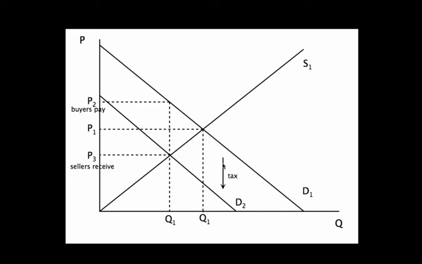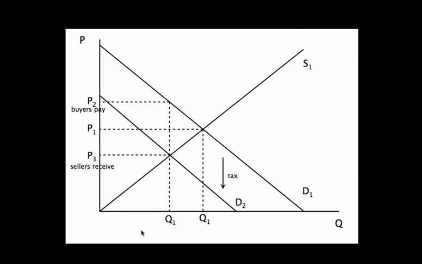Buyers are now responsible for paying this tax. It's going to be administered every time you buy something. You're going to have to pay the government $1, $5, whatever the tax is. The same kind of reasoning tells us that if buyers were willing to buy this quantity when the price was whatever that price is, then for them to continue to be willing to buy that quantity, the price is going to have to be lower by the amount of the tax.